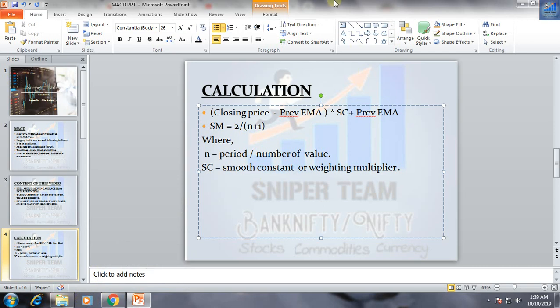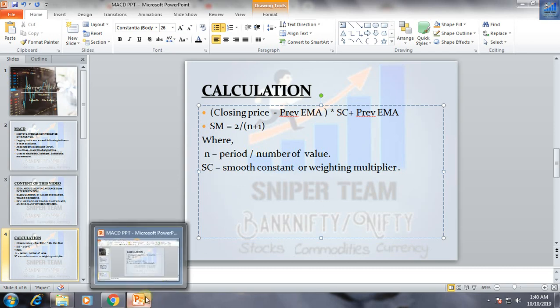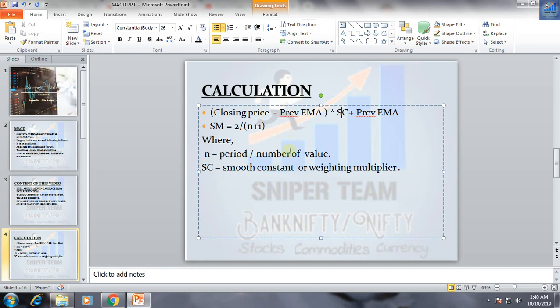For example, I'll show you one thing. If we are first calculating the exponential moving average statistically with an Excel tool or by the paper and pen method, we should first calculate a simple moving average of a particular commodity. For example, we are using 12 and 26 period exponential moving averages, so first we have to calculate the 12 and 26 period simple moving average.